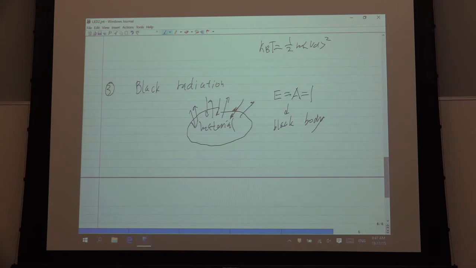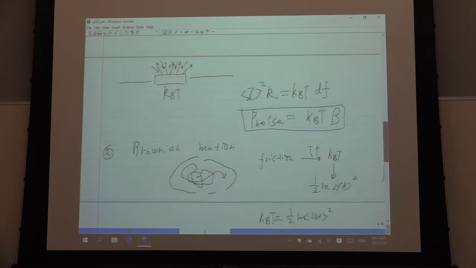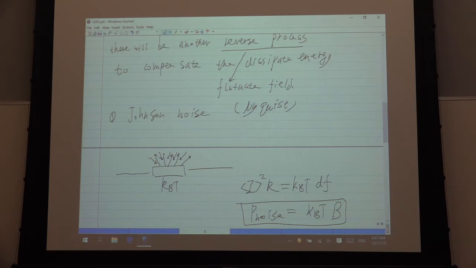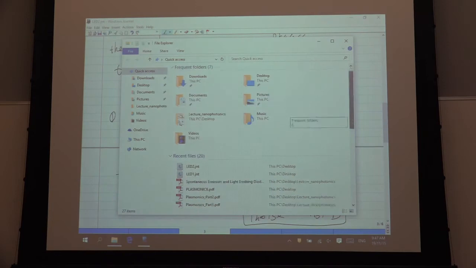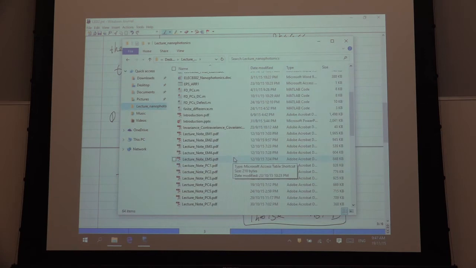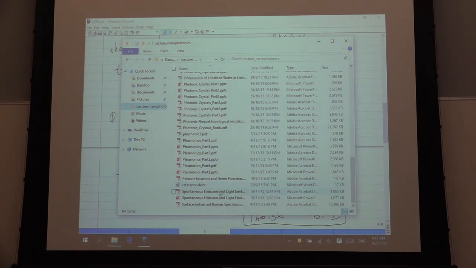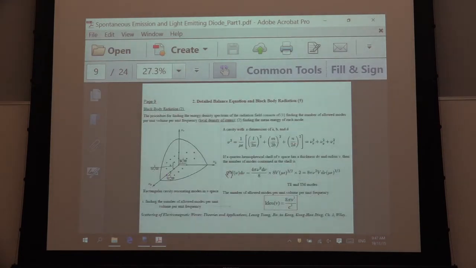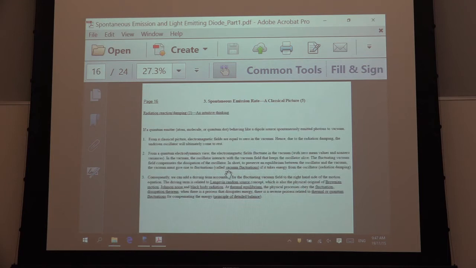They balance each other. This whole phenomenon is called the fluctuation dissipation theory. The fluctuation dissipation theory says that at thermal equilibrium, the physical process obeys the fluctuation dissipation theory.